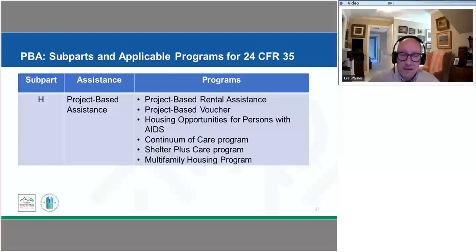I was thinking about this earlier and pondering that we may have folks that simply have not dealt with project-based assistance before. It's awarded to a property, and it might be for a few of the units, it might be for all of the units. Essentially, the tenant will generally be paying 30% of their household income for rent and utilities, and this contract for the project-based assistance is going to make up the difference between that 30%, which is what is affordable for that household, and what the contract rent is for that unit.